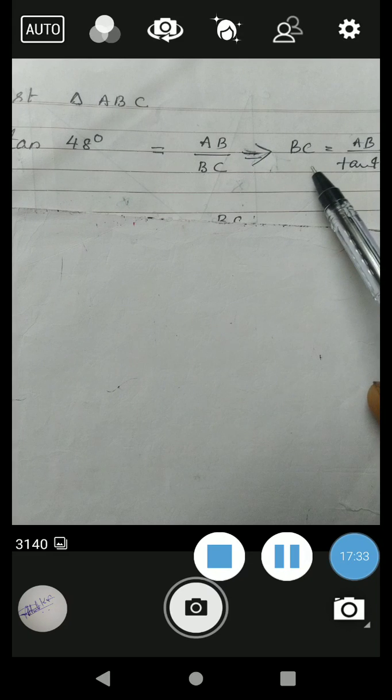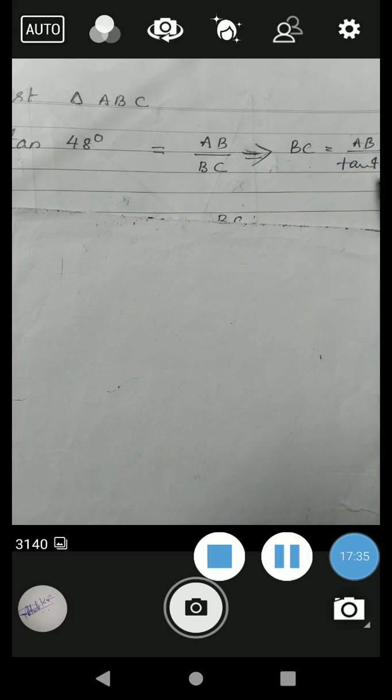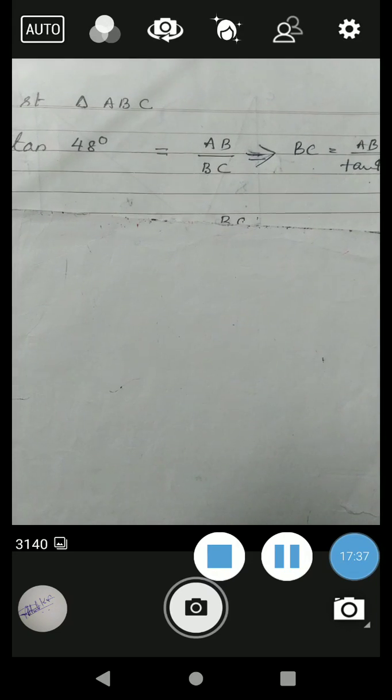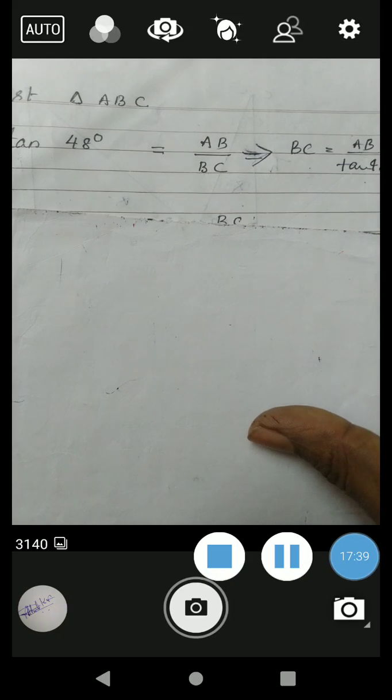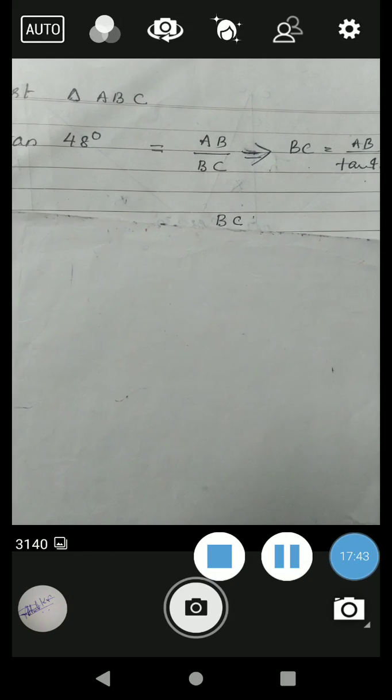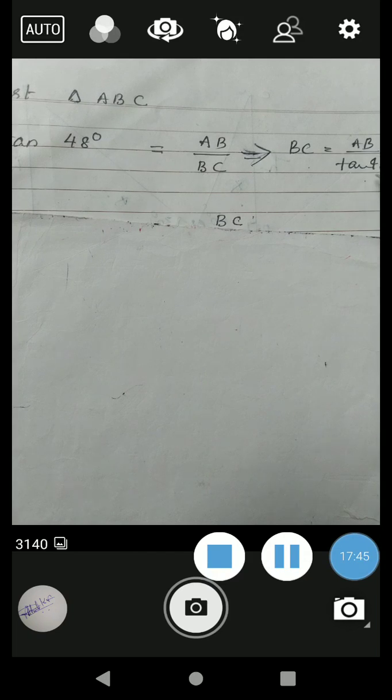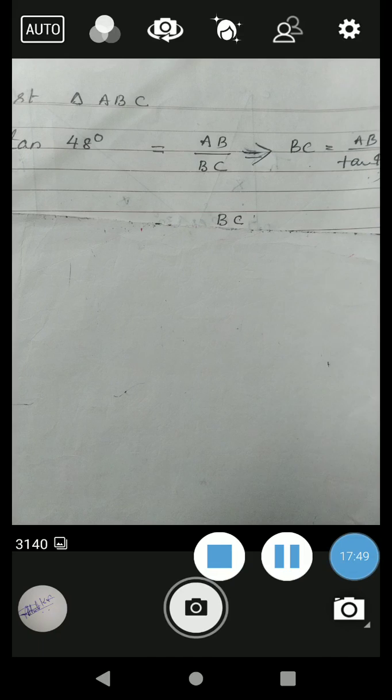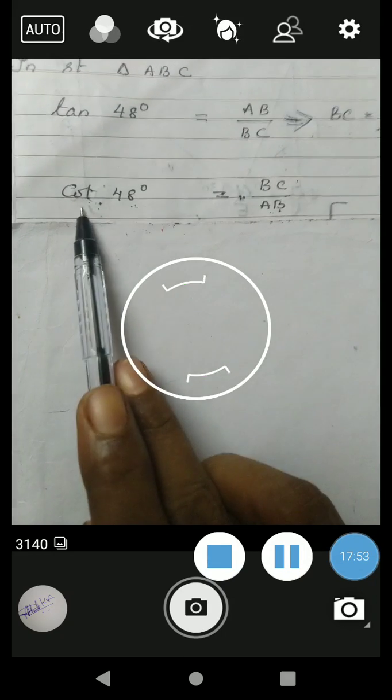BC is equal to AB by tan 48. Then we know tan 48 is a 4 decimal number, and it is difficult to divide. Therefore, we have to think another method. You just take cot 48.